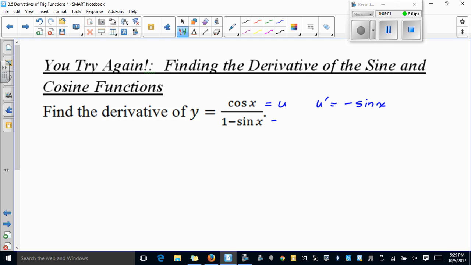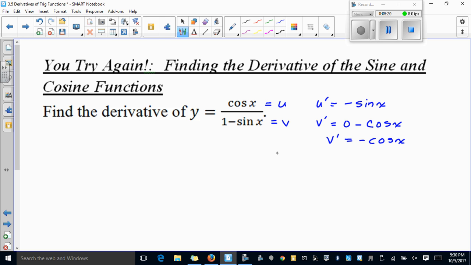Now we don't need that 0, but I wanted to make sure you didn't lose that negative sign. So v prime really is negative cosine of x. And our formula, u prime v minus v prime u all over v squared.